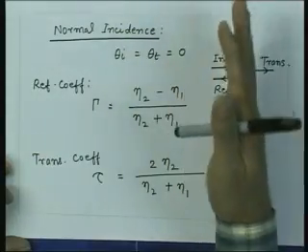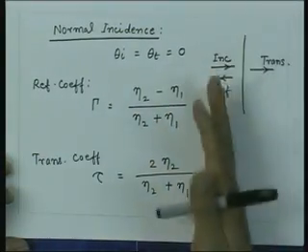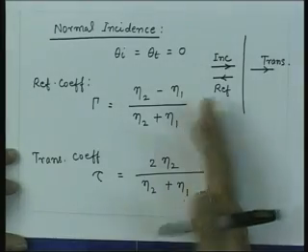Precisely the same thing we are talking about here: perpendicular to the direction in which this wave is traveling, there is no field variation, and the problem essentially is a one dimensional problem which is identical to the transmission line problem. If I say this medium is semi infinite and is characterized by an impedance eta 1, and this medium is again semi infinite, then if I look in this direction, I will see the characteristic impedance eta 2.